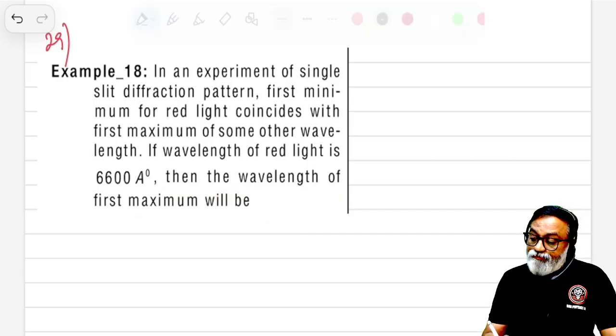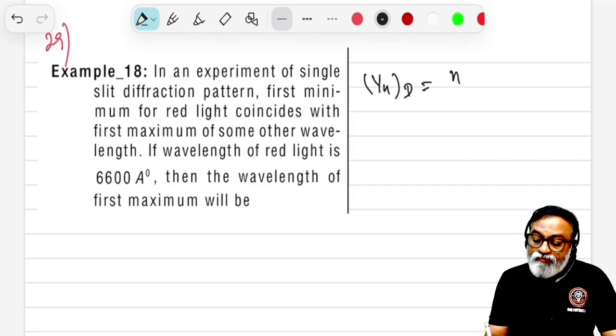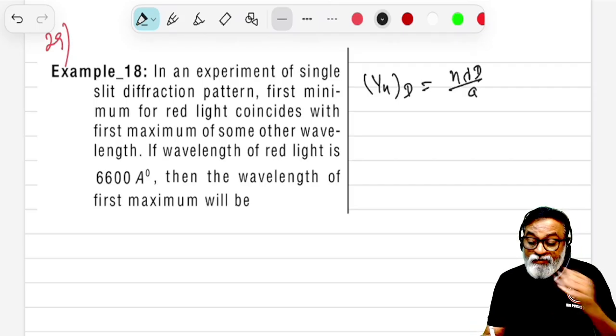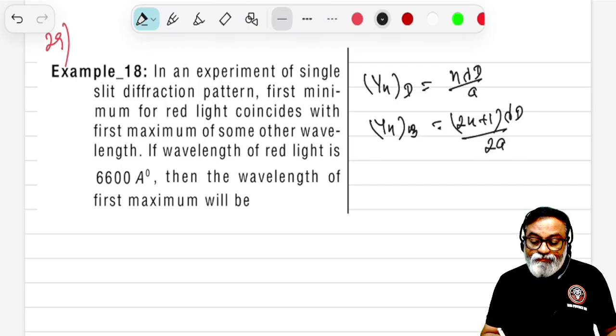See here, in a single slit experiment, the first minimum of red light. Here y n dark is equal to n lambda D by a. Next one, y n bright is equal to 2n plus 1 into lambda D by 2a.